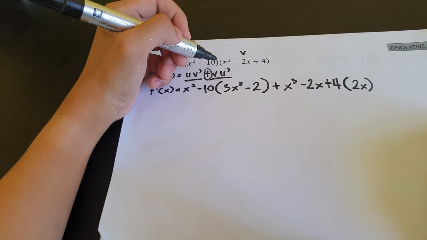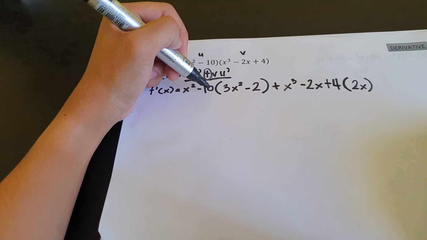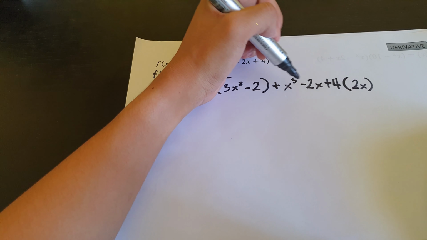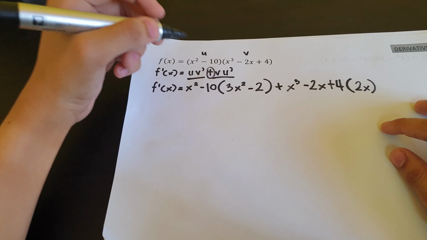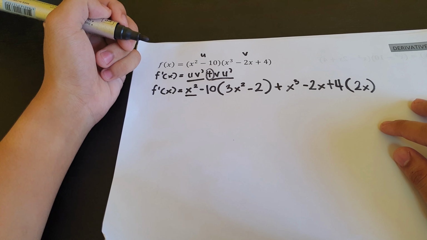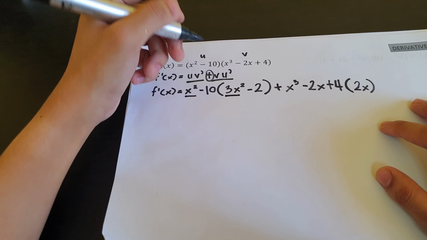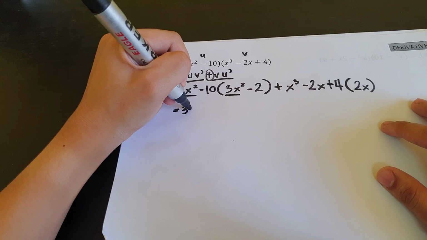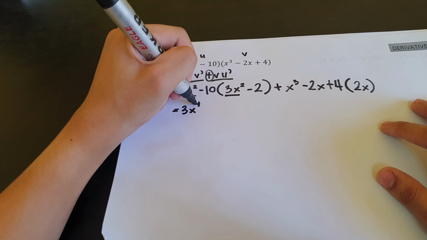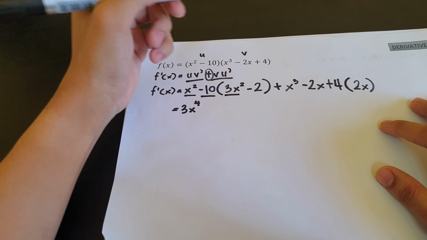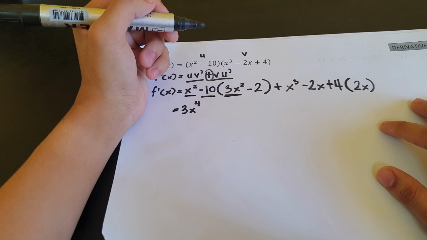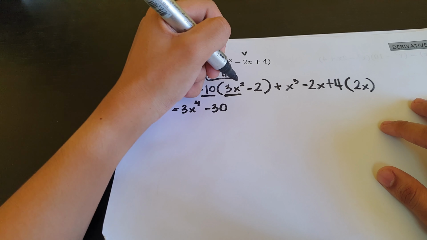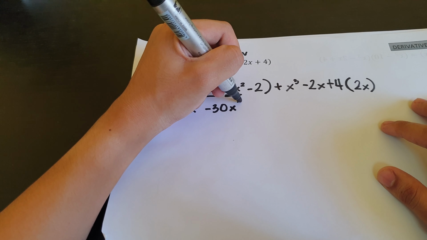Next step is to multiply or distribute this term to this term. Same goes with this term to this term. So, x squared times 3x squared is equal to 3x to the power of 4. Negative 10 times 3x squared is equal to negative 30x squared.